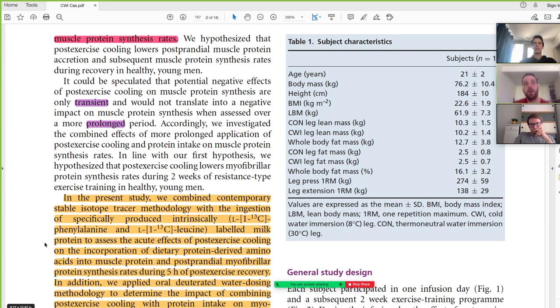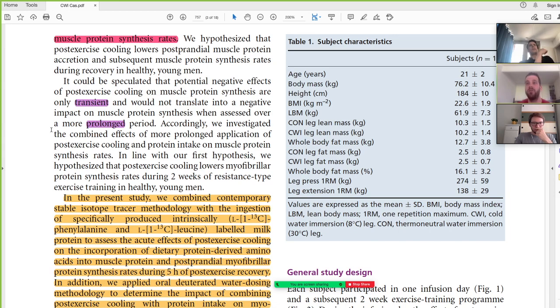Then in the next paragraph, we said, okay, it's nice if you do an acute study where someone is laying on the bed the whole day on the infusion line, but does this also translate into longer term effects? We also wanted to investigate that, and the exact methodology will be explained later, but with a specific different tracer methodology, we can assess what happens more in real life.